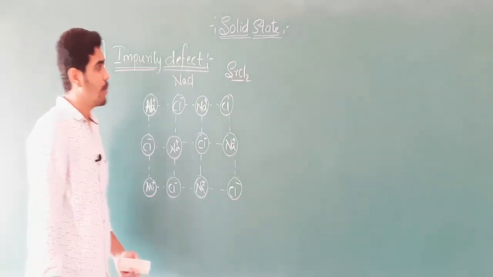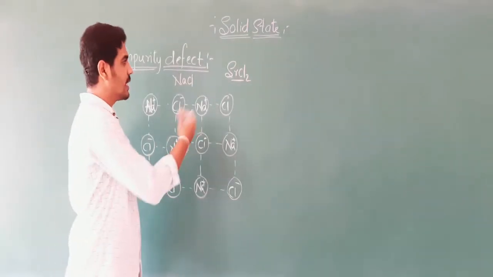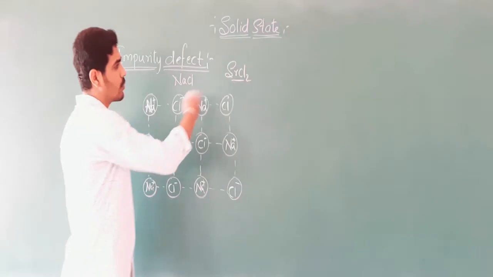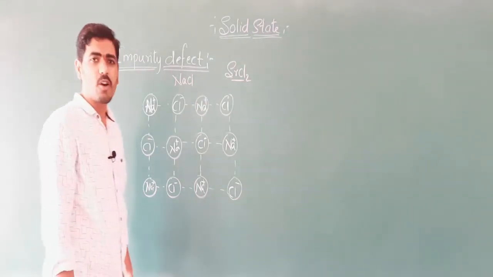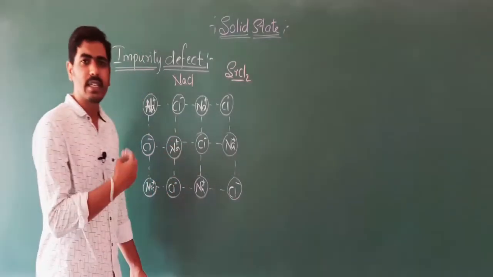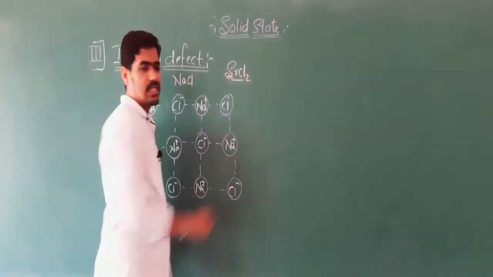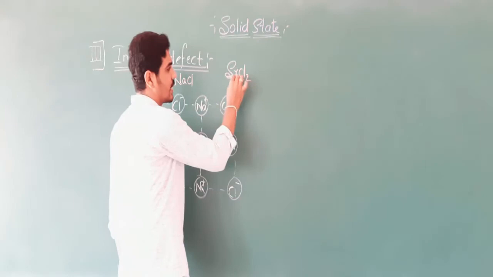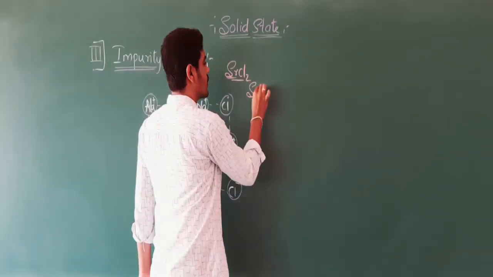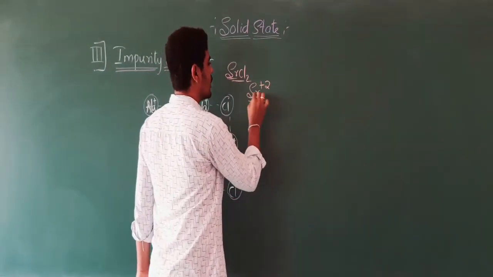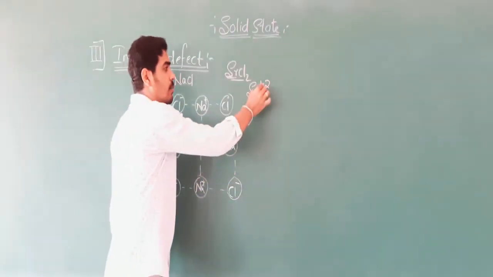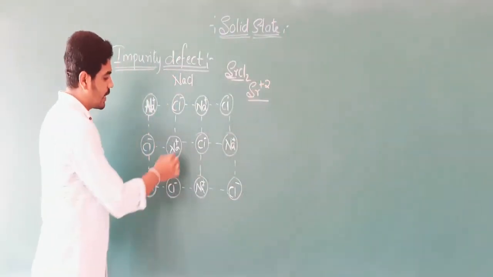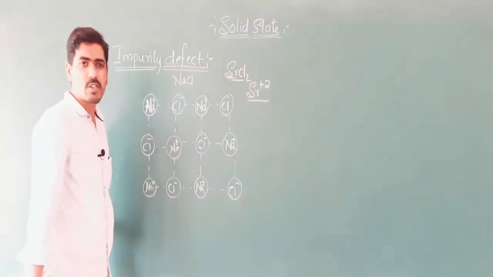Now upon mixing the solutions of sodium chloride and strontium chloride with each other, some of the Na+ ions get replaced by Sr. So see here, the oxidation state or charge on Sr is +2. It has +2 charge, whereas Na has +1 charge.